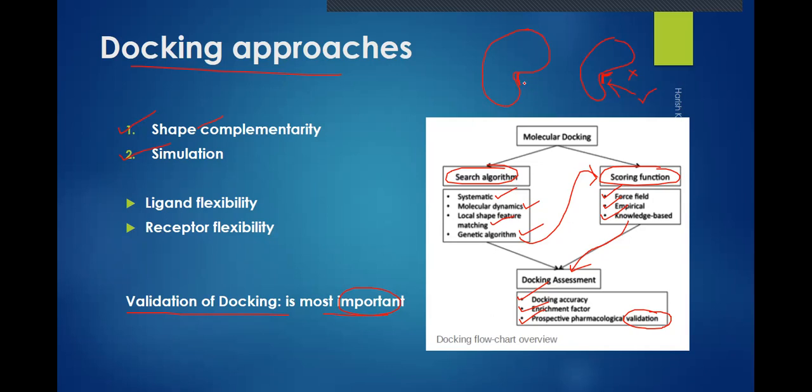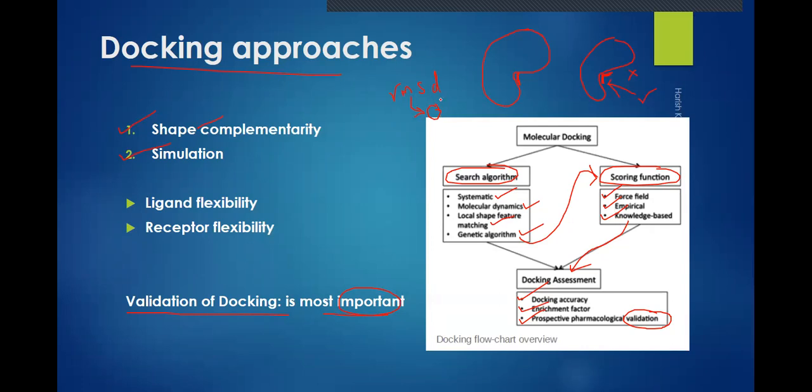If we have a relative mean RMSD, root mean square deviation, nearer to zero between the original conformation of the native ligand and the docked conformation, that will be good.